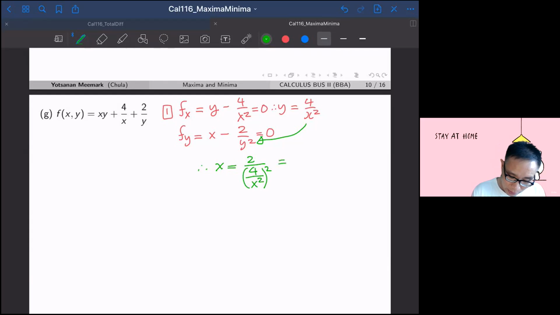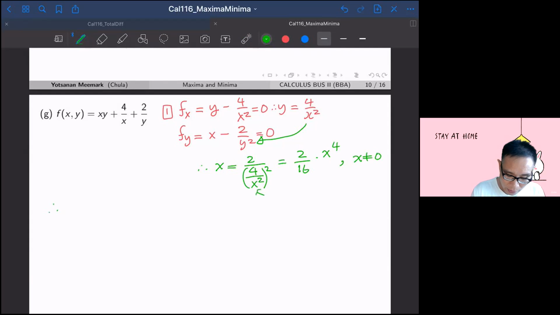So this will allow me to have 2 over 16 x to the 4th. Okay, you see that x cannot be 0 because x is already on the bottom here.